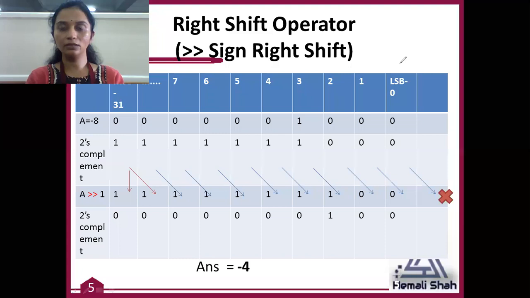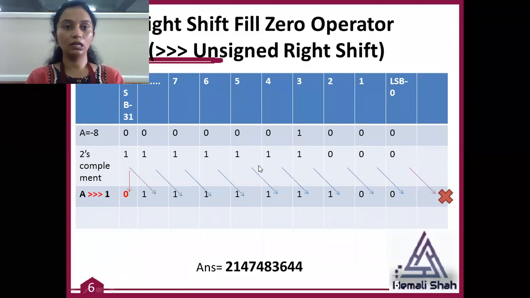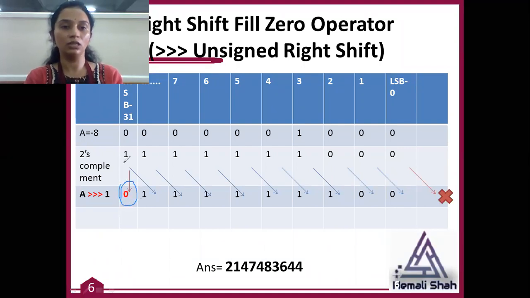Now what happens if you perform the unsigned shift, the triple greater-than sign? The difference between the double greater-than sign and the triple greater-than sign is that the triple is called an unsigned right shift. That means you fill the most significant bit with the value 0. See here, we never fill the first bit with the MSB value available in the actual value.